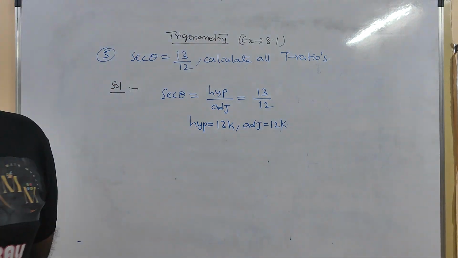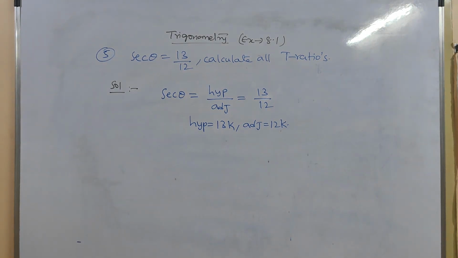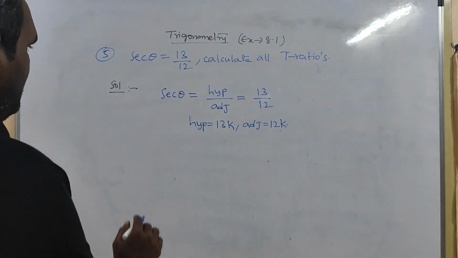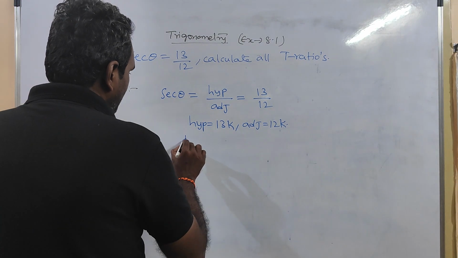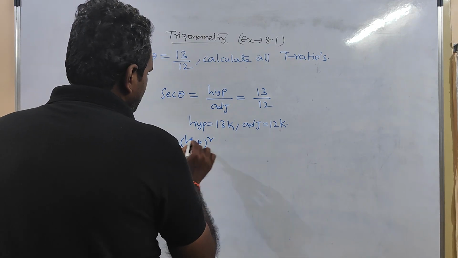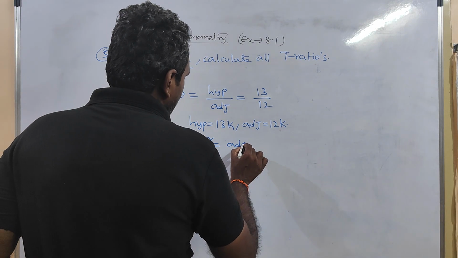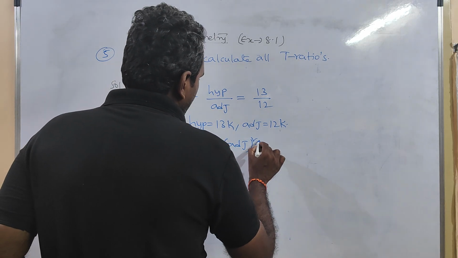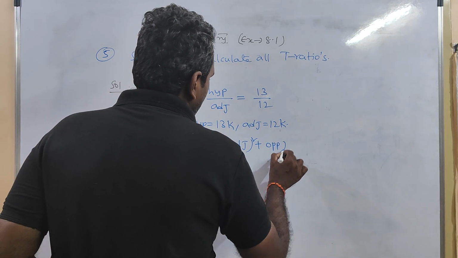In your triangle, you will be having only three names: opposite, hypotenuse, adjacent. So I want the opposite. How will I do it? See, hypotenuse square is equal to adjacent square plus opposite square.